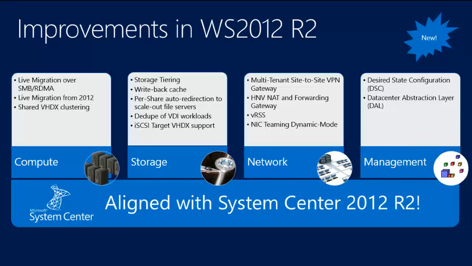And in Server 2012 R2, we've introduced a multi-tenant site-to-site VPN gateway that also supports Hyper-V network virtualization. So now you have that in the box as a Windows Server feature. NIC teaming improved to support better balancing for network virtualized environments, and some other features.